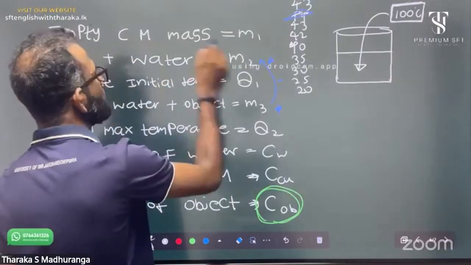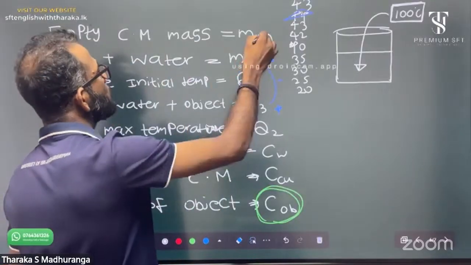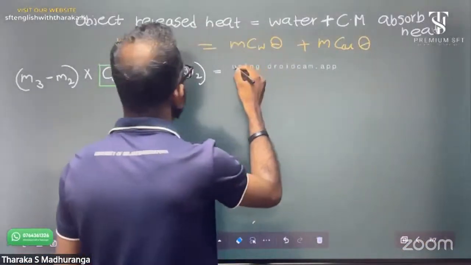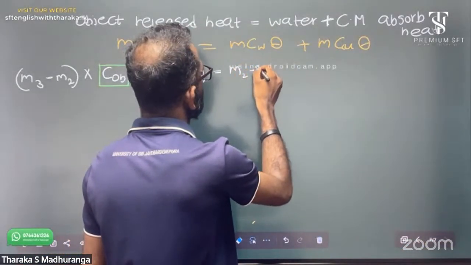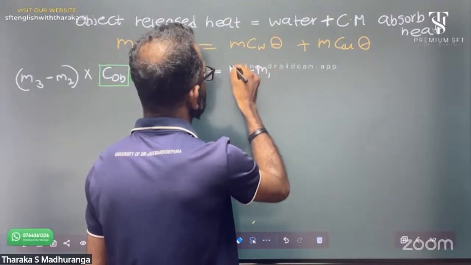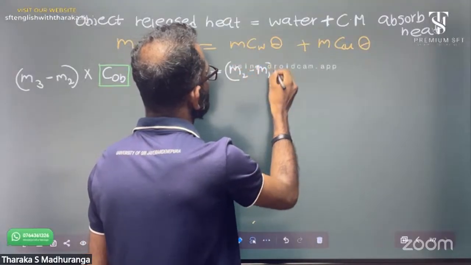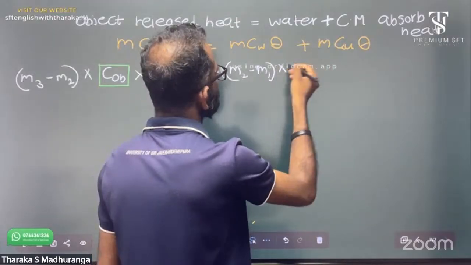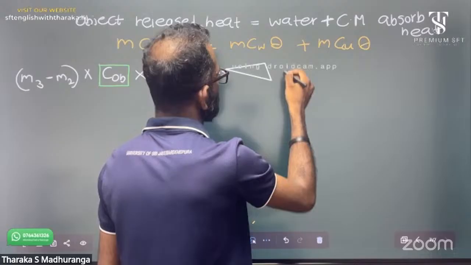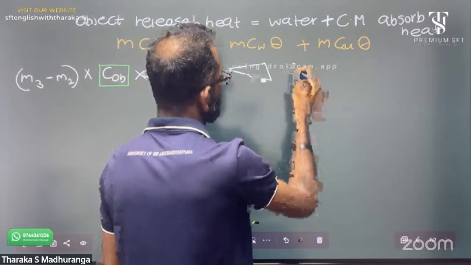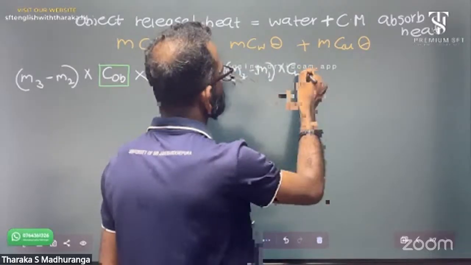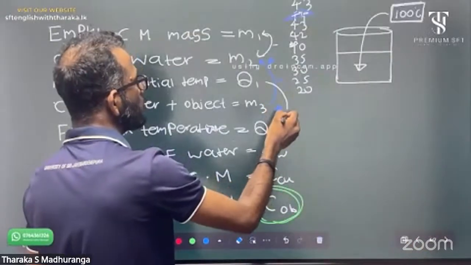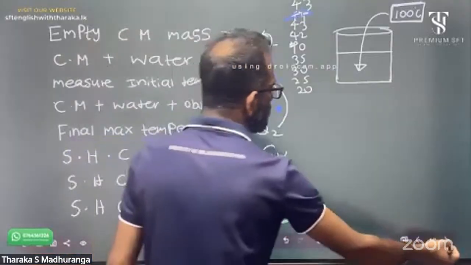Water plus calorimeter is M2, only the calorimeter is M1, so subtract: M2 minus M1, into the specific heat capacity of water CW, into the temperature difference of water. Water was initially theta 1, finally theta 2, so theta 2 minus theta 1.